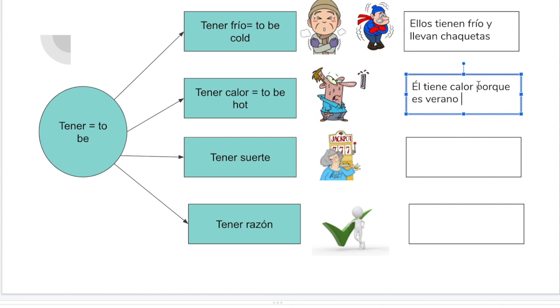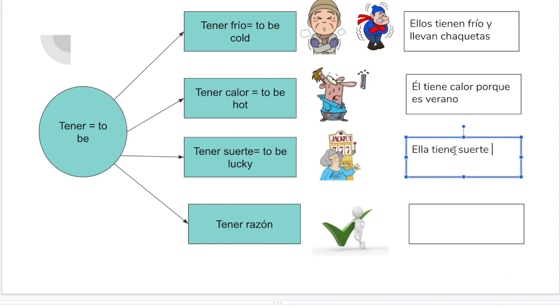He is hot because it is summer. Tener suerte. To be lucky. So I'm going to say, oh, ella tiene suerte. She is lucky. He won the jackpot.